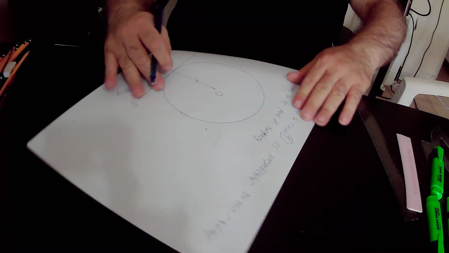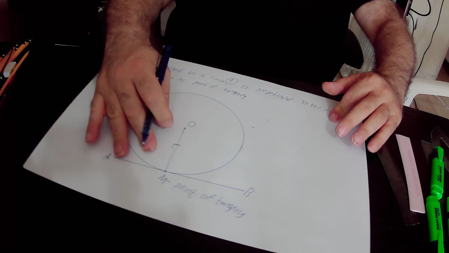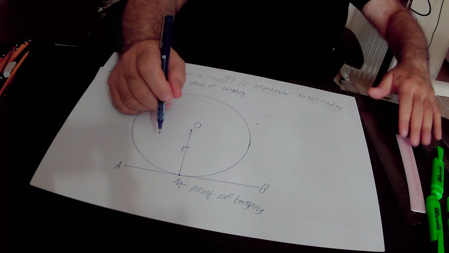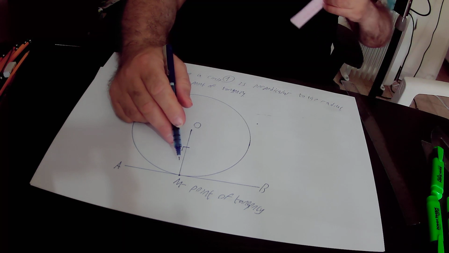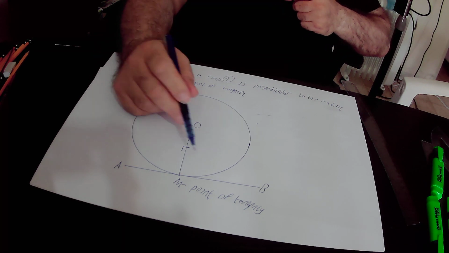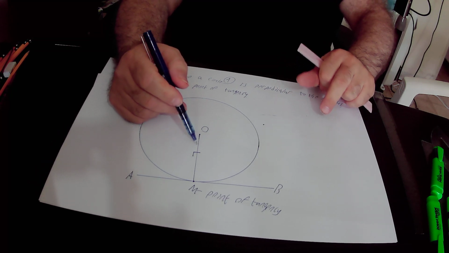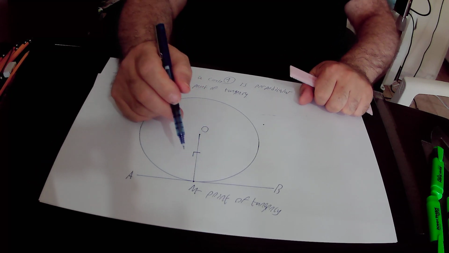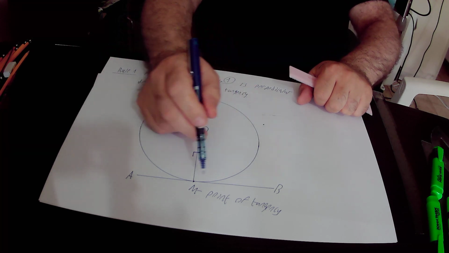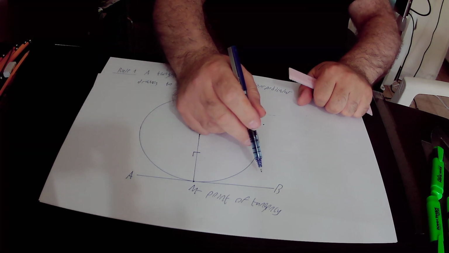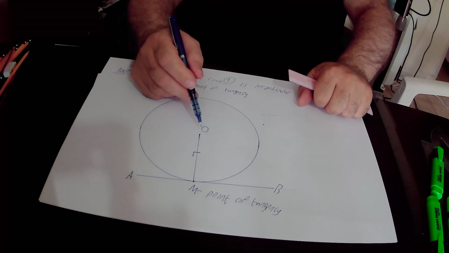So here we have the radius OM that is drawn to the point of tangency, that is to say it is drawn to point M, the point of tangency of tangent AB with this circle, and whenever you have a radius drawn to the point of tangency, the tangent will be perpendicular to this radius. In this case, the tangent AB will be perpendicular to the radius MO.